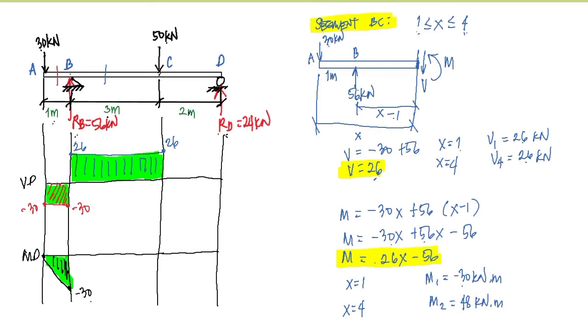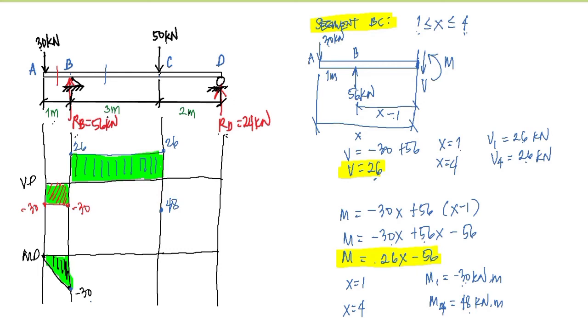Okay, so for the moment, we have negative 30 at x is equal to 1, so that's this, and at x is, I'm sorry, this is 4, and x is equal to 4, that's 48. So 48 is positive, and I have 48 here.